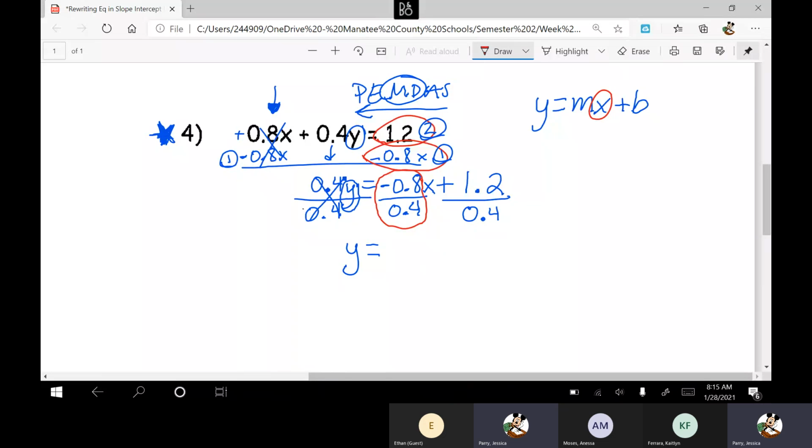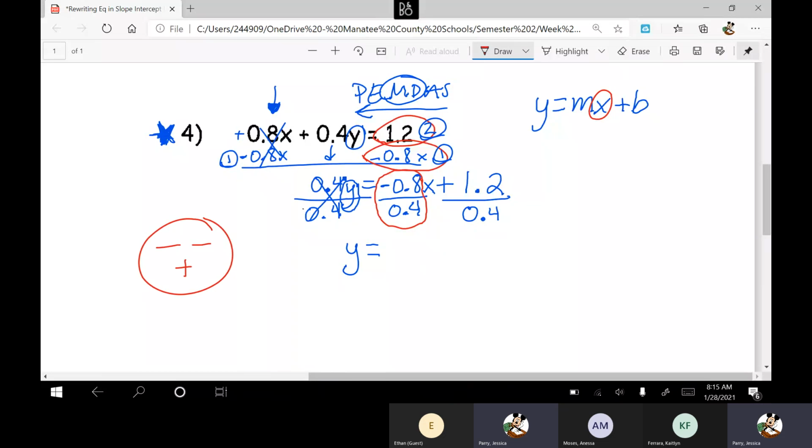So I got one answer. Ethan says 2. You guys agree or disagree with positive 2? And then I got a negative 2. We have 2 different answers. One of those is correct, but which one is it? We have 2 or negative 2.